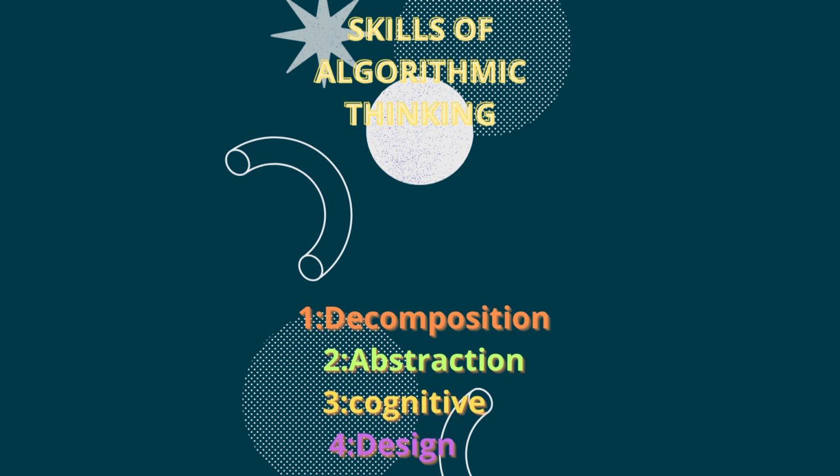By doing this, we can find all the parts that change in the problem. For the fourth and last, the skill is design. Design is a user-centered approach to problem solving. Design thinking starts with asking why we have this problem.